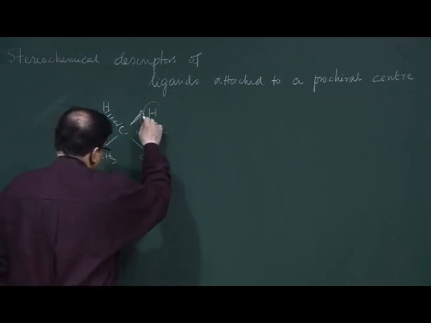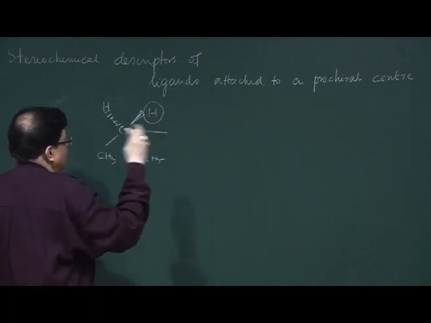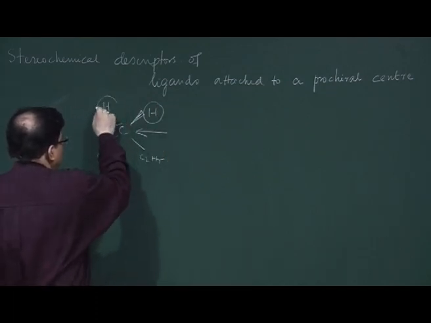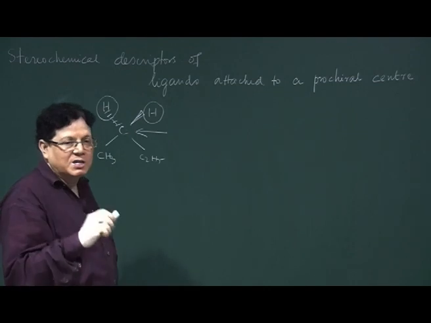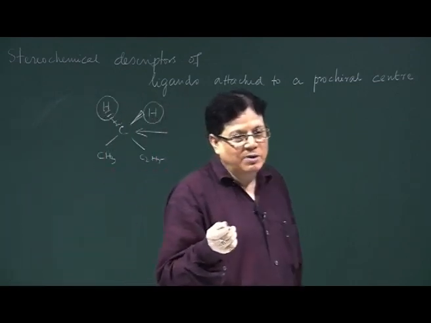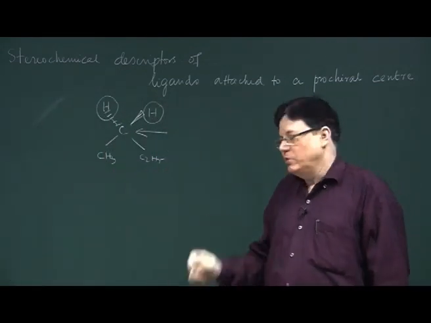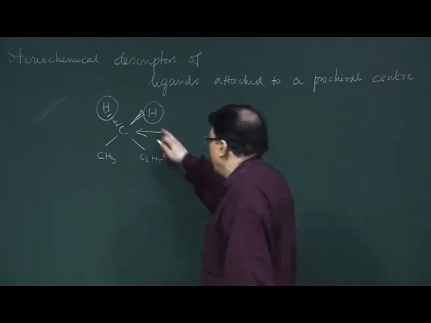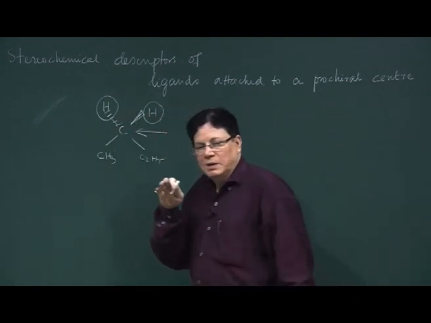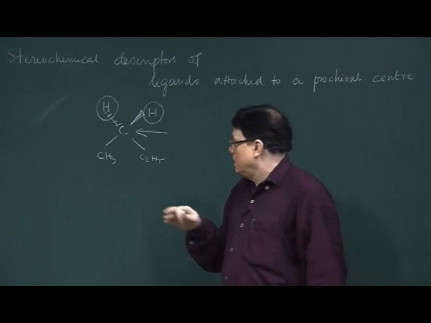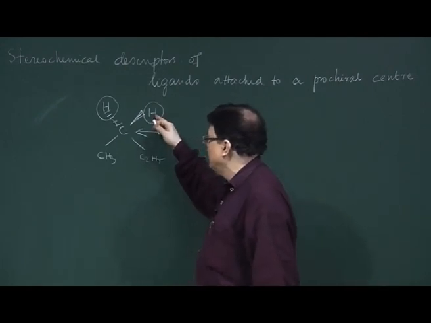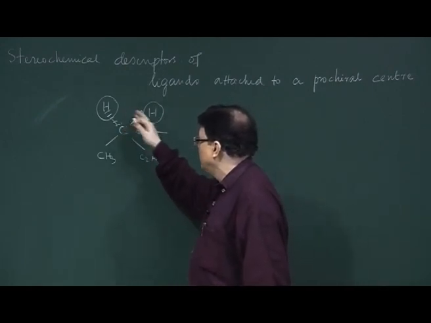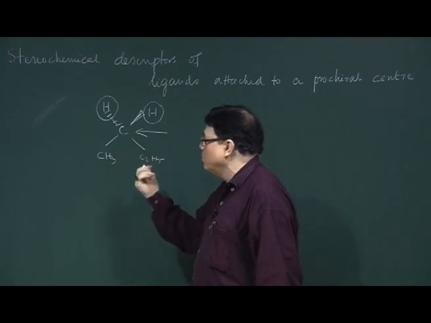Now, exchanging this hydrogen leads to one form, exchanging this hydrogen leads to another form. That is why yesterday we have seen that these two hydrogens are called enantiotopic hydrogens. But these two hydrogens, now we have to give some names. We cannot just say this is the beta hydrogen, this is the alpha hydrogen, because this alpha beta depends on how you write it.